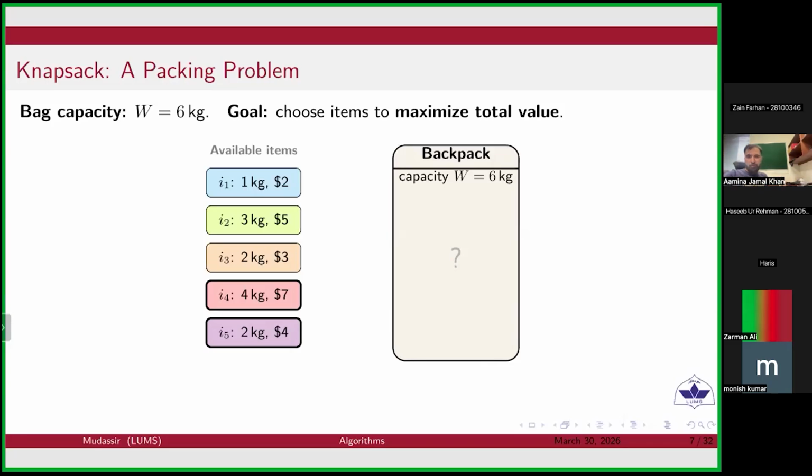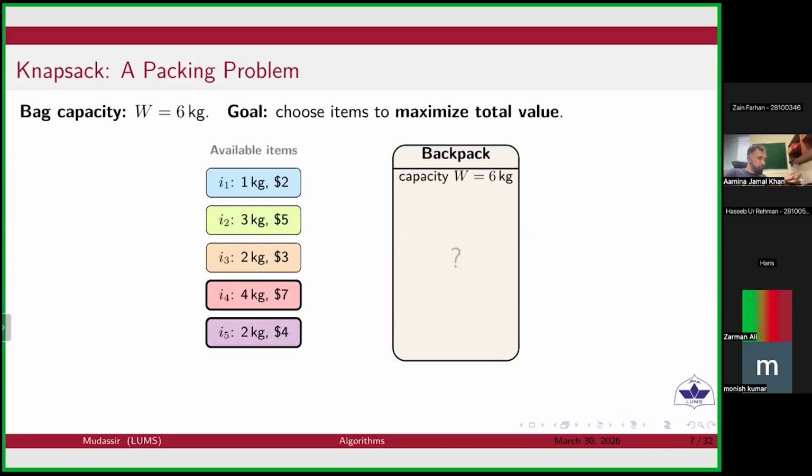So you have to make a choice. You pick some of them and you don't pick the rest, and your goal is to maximize the value. This is an NP-hard problem because the number of choices is exponential and there is no polynomial way to figure out how to reduce this choice space.